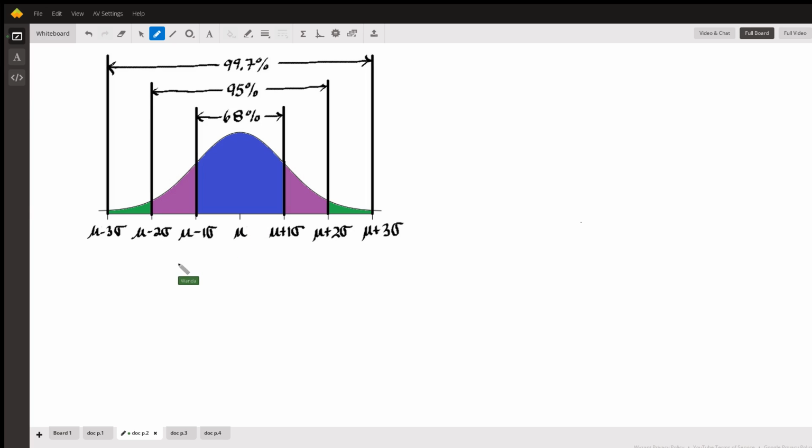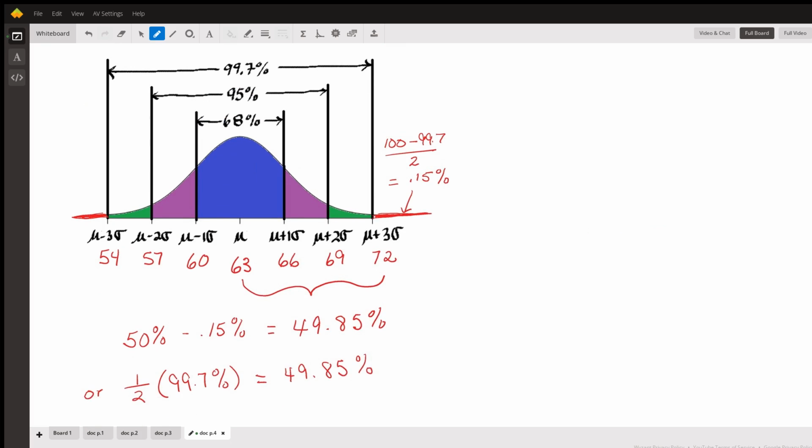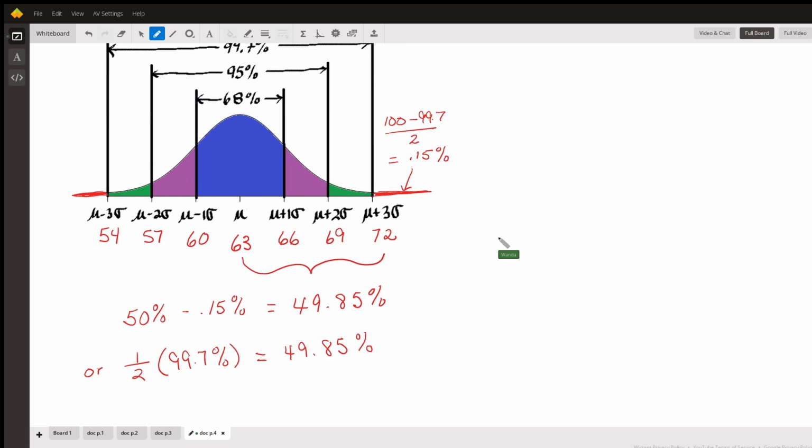So now, to answer our question, we want to know what proportion of our normal curve is between 63 and 72. So from here halfway out to here, from the mean to the mean plus 3 standard deviations.